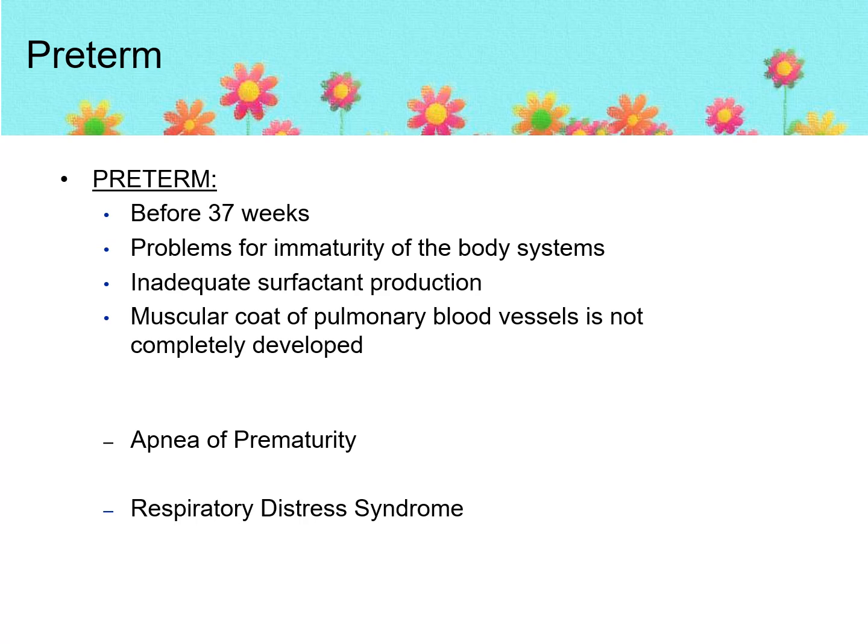More than likely they have inadequate surfactant production, and the muscular coat of the pulmonary blood vessels is not completely developed. So for them, their respiratory problems are going to be apnea of prematurity and respiratory distress syndrome.